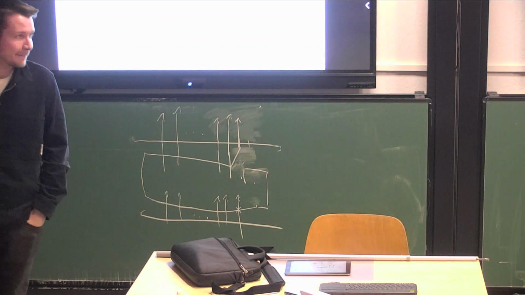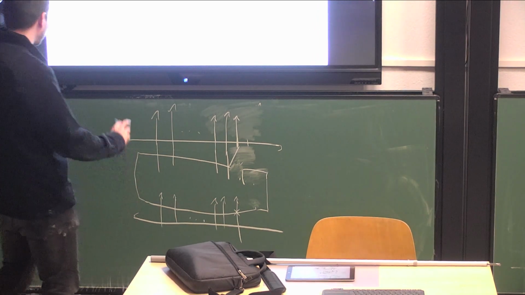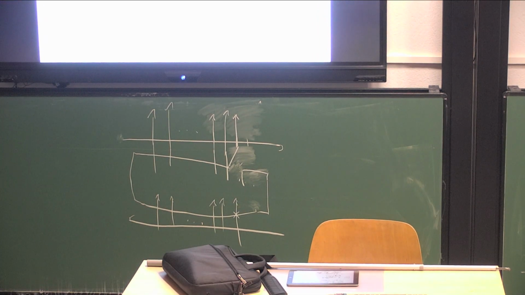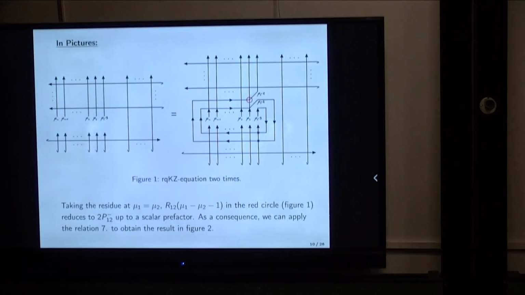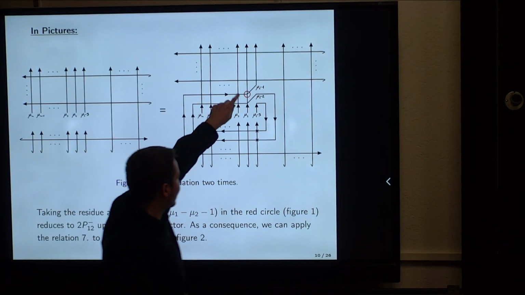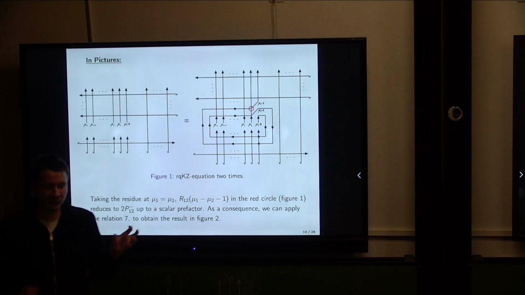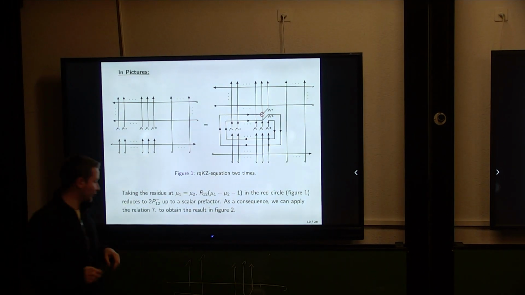The shift operator is basically a shift in the space of the matrix, the rapidity. Let me try to continue because I want to explain a little bit more. So what happens if we take the residue of this? The R matrix in the red circle gives a scalar factor times the projector onto the singlet.